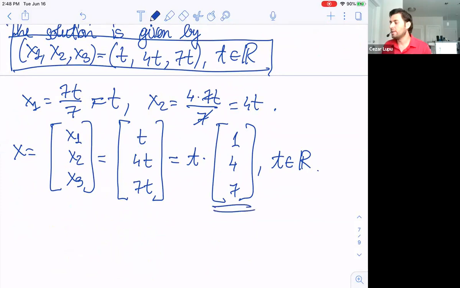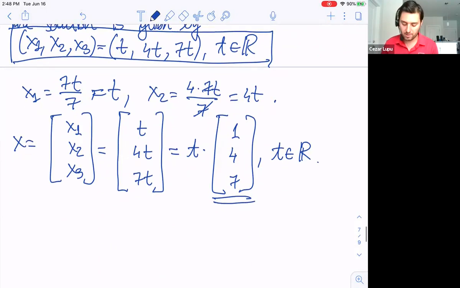Anyway, now let's talk about the algebra of matrices.